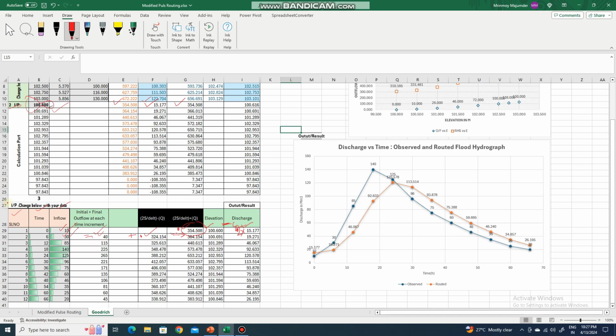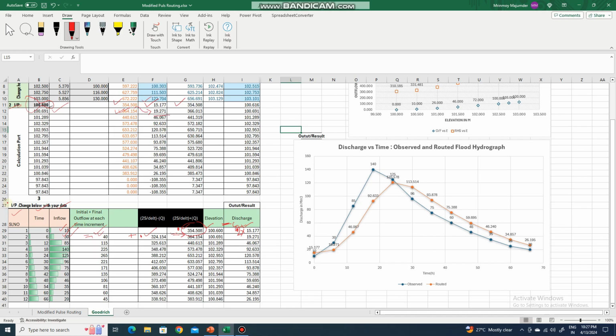So this is your 2S/Δt plus Q. So put it into that trend function in this Excel from the graph for your case. So what is it? 364. So this is the 364. And then and there it will give me the corresponding discharge, which is 19.271, from the trend function formula. Okay.